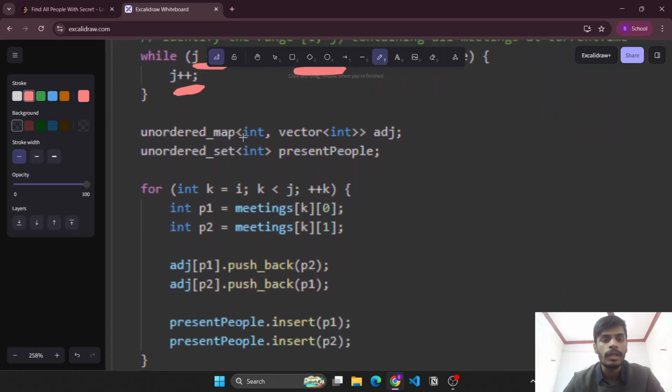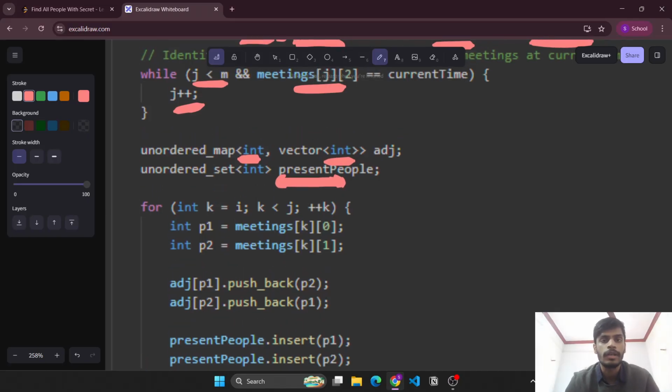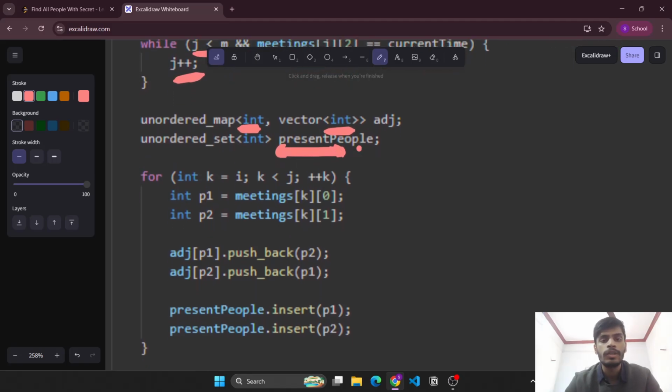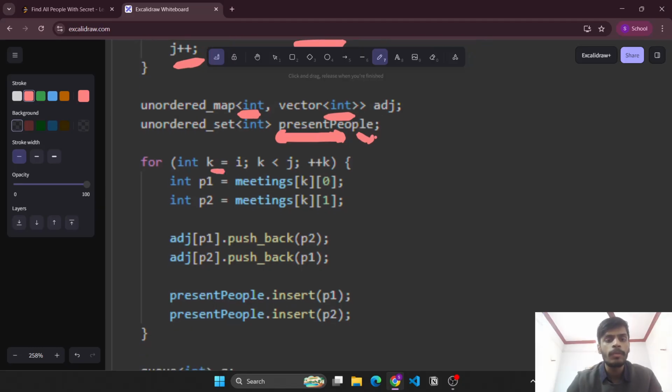We'll be using an ordered map to create this graph, and then we'll be adding the present people to identify the set of people who are present at this particular time. Then we are able to push into the queue by simply iterating through this and seeing whether known is true or not. So we'll move from i to j minus 1 with the persons that we have, and we'll simply create a graph and also insert them in our present people.